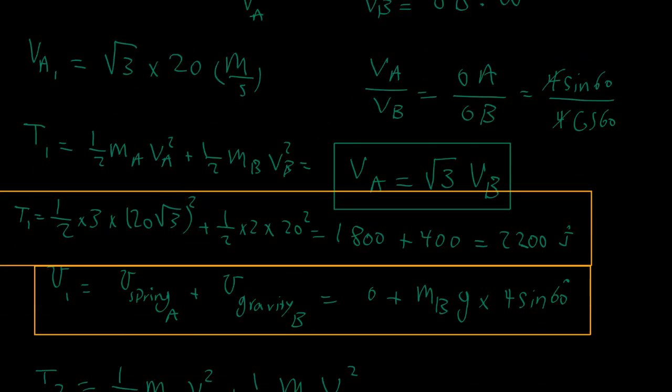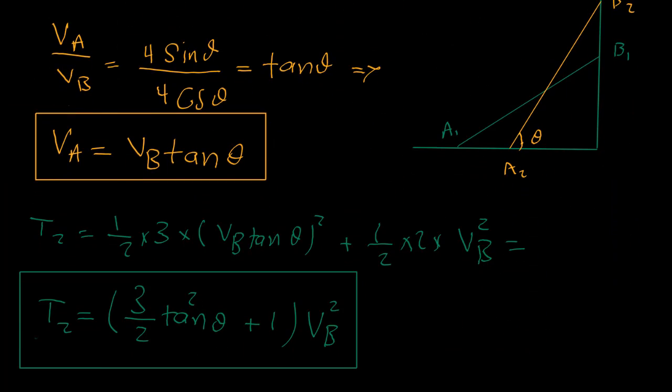So basically, let me go to this shape here. Let me erase this A2 here. This is A2.